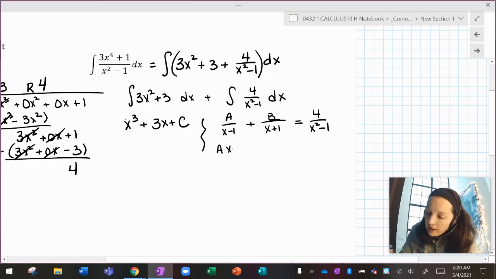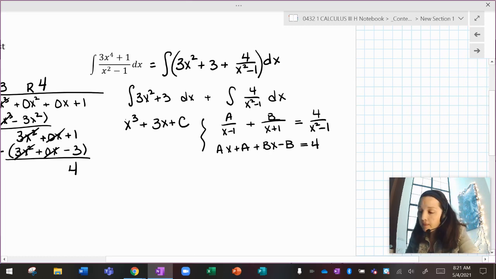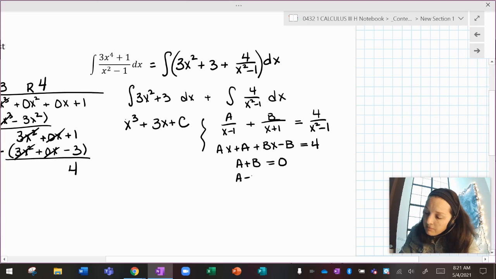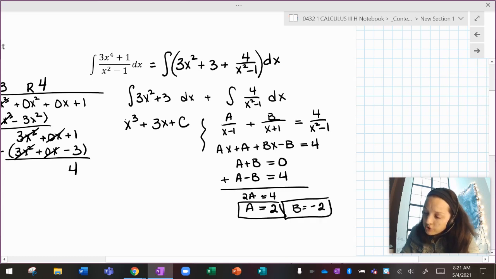So ax plus a plus bx minus b equals 4, meaning a plus b, the x's, is 0, and a minus b equals 4. I'm going to add those two equations, so 2a equals 4, a equals 2, and if a plus b has to equal 0, b is negative 2.